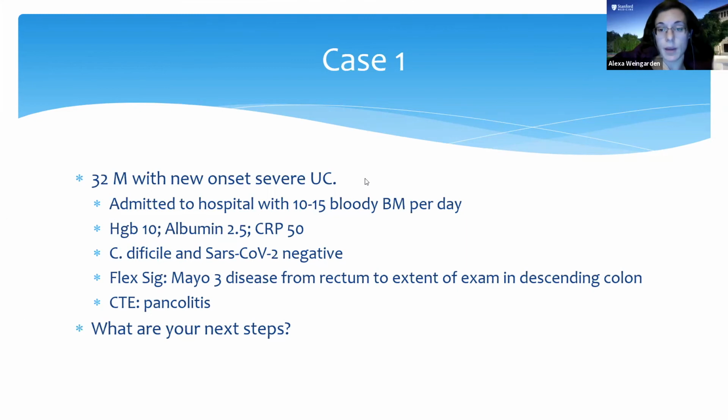I think in this case, you would start with steroids, but be pretty ready to jump in and consider infliximab if they're not improving within a couple of days on high-dose IV steroids. This is also a patient that I would let the surgical team know about on the early side, to make sure that introduction happens before, God forbid, something untoward occurs and we're looking at an emergent situation.